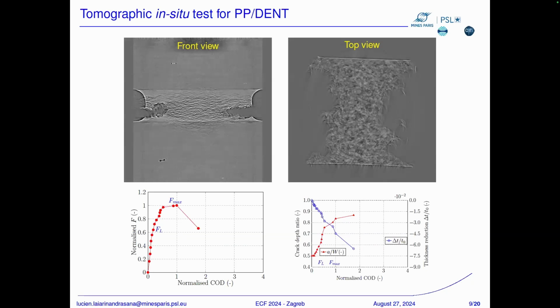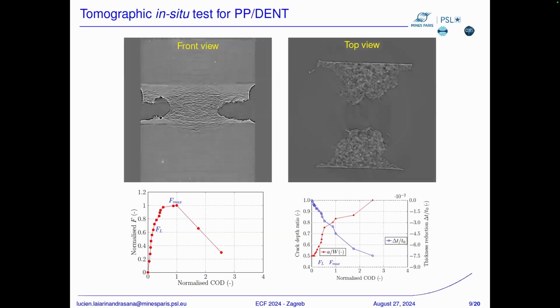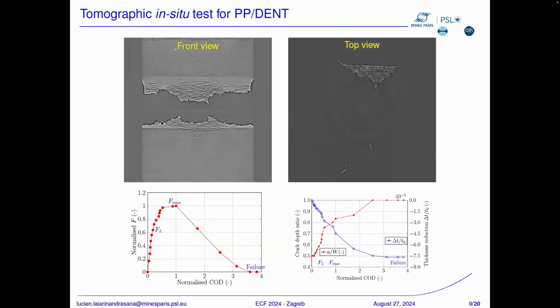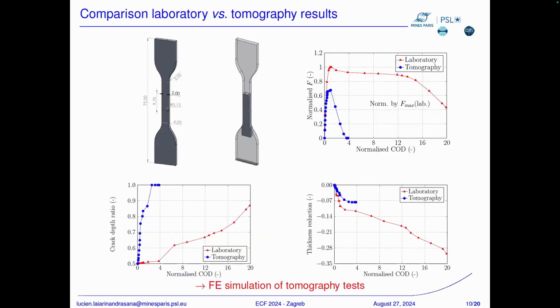And the shape of the crack in the top view is like this. And you can follow that inside the channel, the crack is already through the width, whereas at the surface you can see not enough propagation. So this has been seen from the tomographic observation.